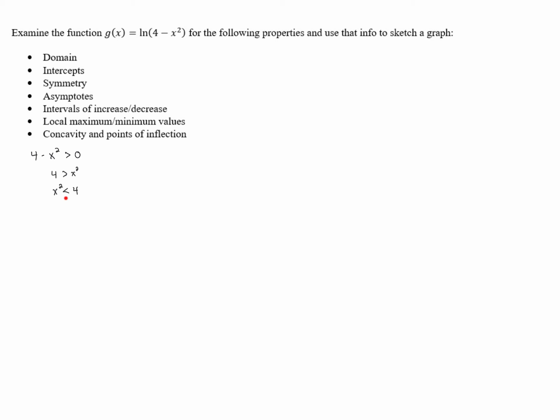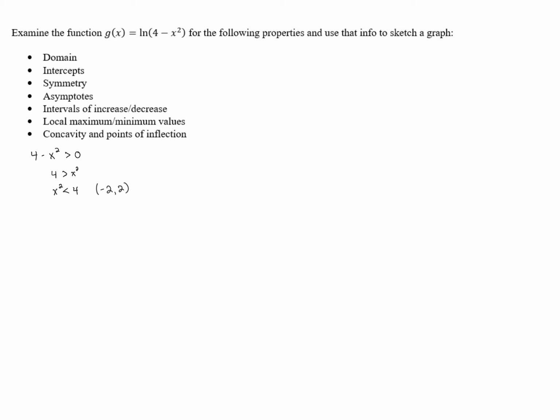If we want to know when it's less than 4, we've got to look in between 2 and negative 2. Those are the values of x where x squared is going to be less than 4. Right? 0 squared is less than 4, 1 squared is less than 4, negative 1 squared is less than 4. So really the domain here is going to be from negative 2 to 2. So interesting. This is quite different from some of the other examples that we've looked at.